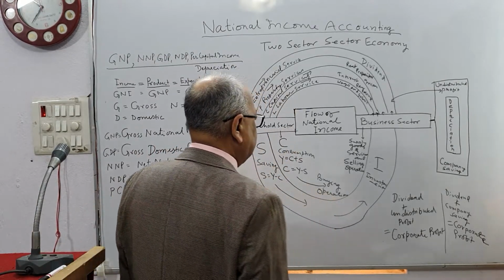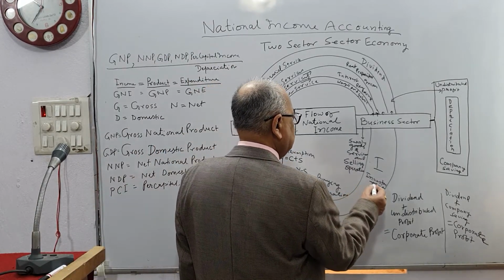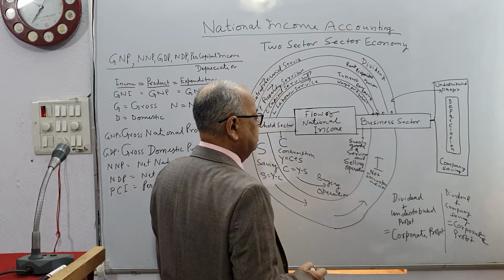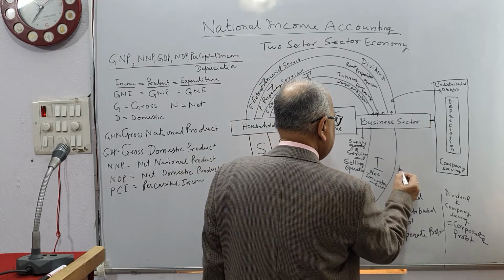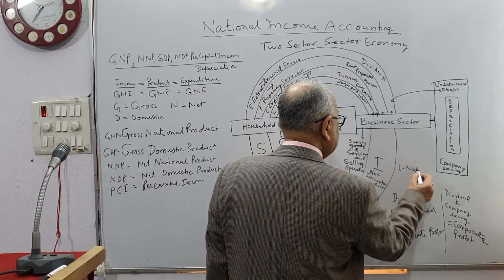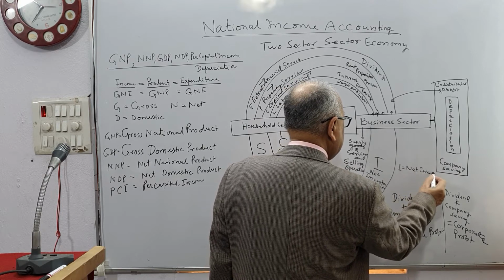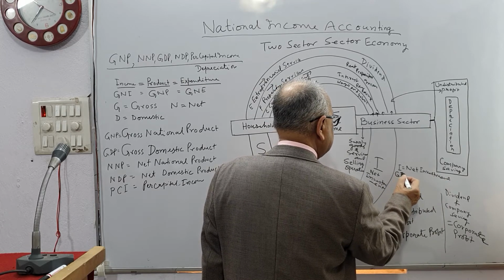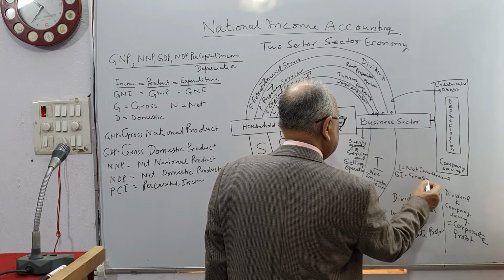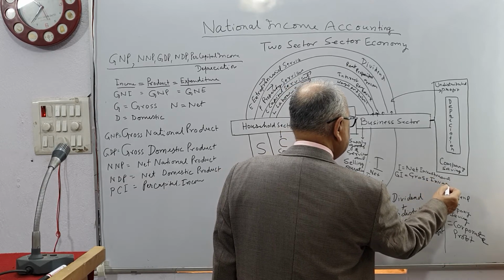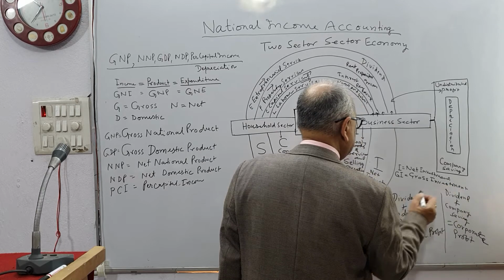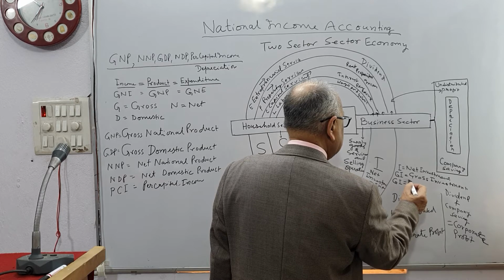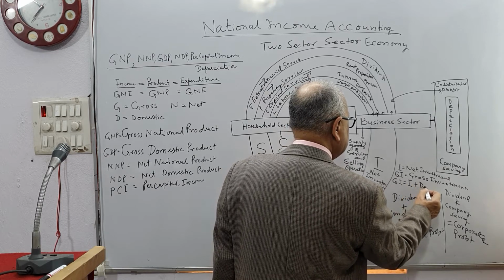Another term is also important here. This is investment. This investment is net investment. So I is net investment. And GI means gross investment, which means investment plus depreciation.